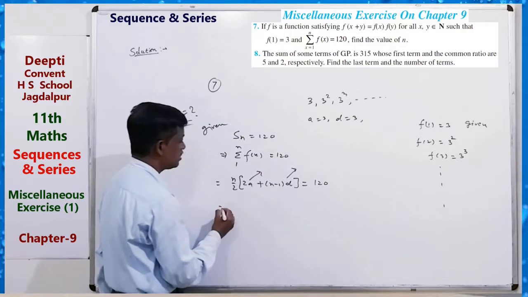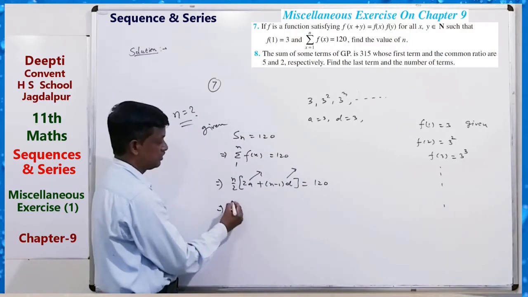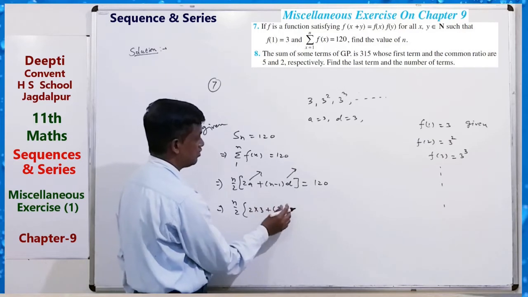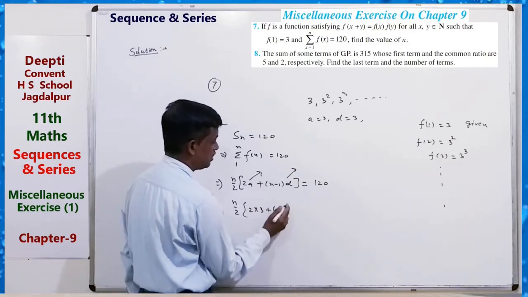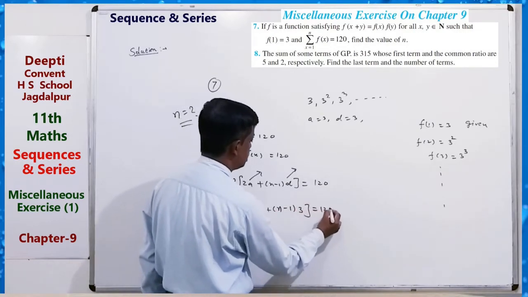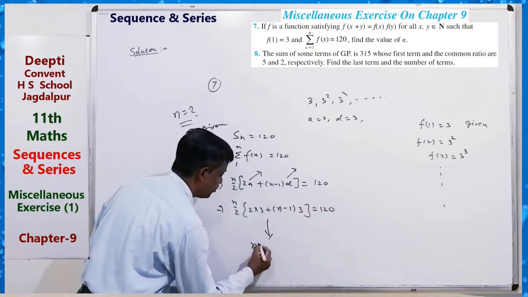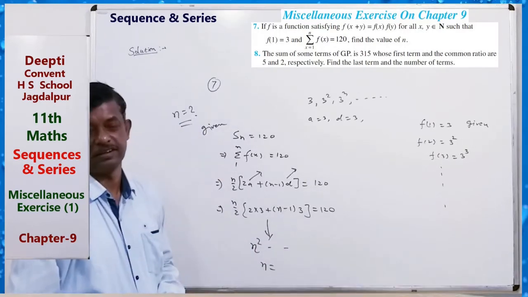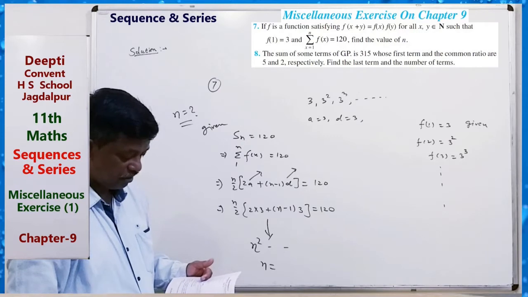So we can use here n by 2 into 2 into 3 plus (n minus 1) into D, equals 120. Now solve it. A quadratic equation will be there, so n will have 2 values.